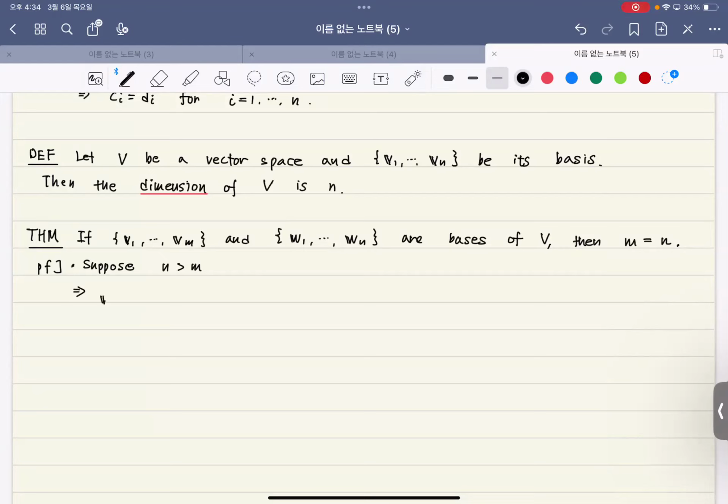In this case, for each of these vectors w_i, since v1 to vm are basis vectors, I must be able to write this w_i as a linear combination of them.